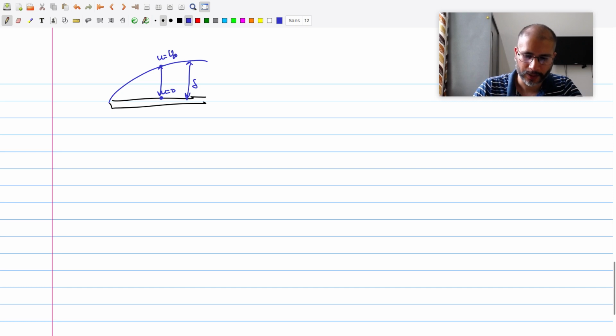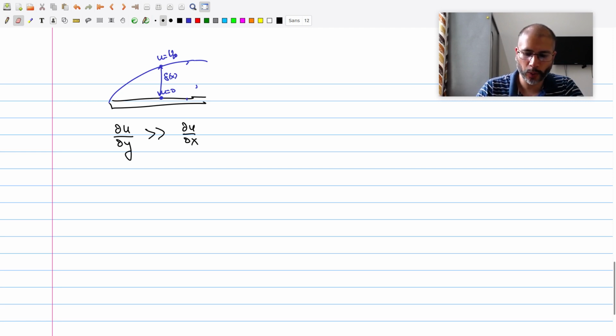Let's call this delta at some x. So the gradients in the y direction are quite high. If I talk about del u by del y, then that will be much higher in magnitude as compared to del u by del x.